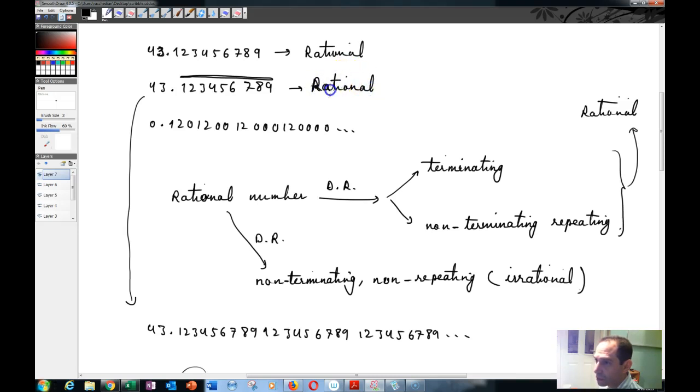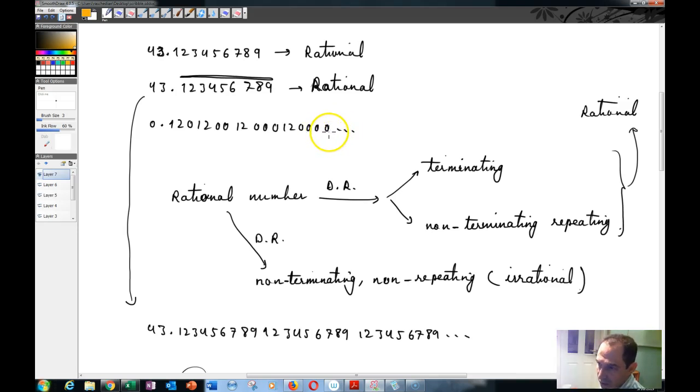But there are some real numbers like this one over here. First of all, it's non-terminating, and that's indicated by these three dots at the end of the number, meaning that it just keeps going.